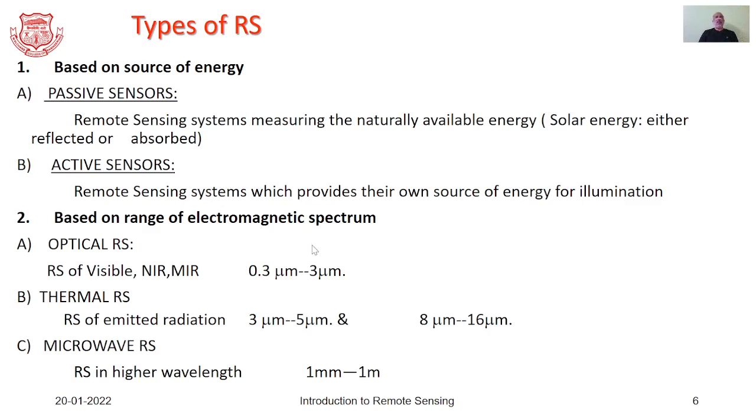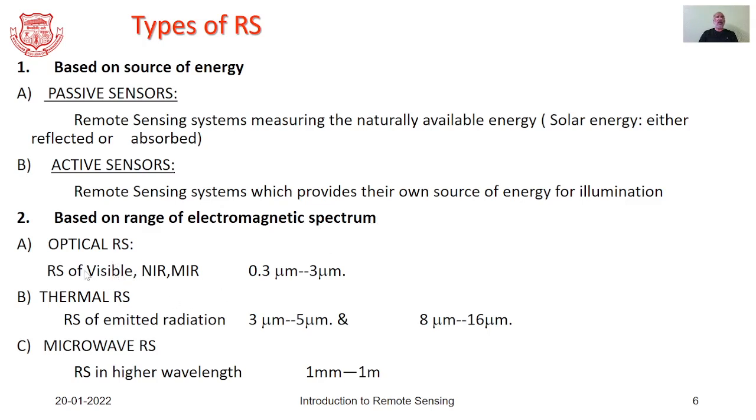In continuation, remote sensing can also be classified based on the range of the portion that is employed to sense the objects remotely. So, optical remote sensing, thermal remote sensing, and microwave remote sensing are the three classes based on the portion of the electromagnetic spectrum.